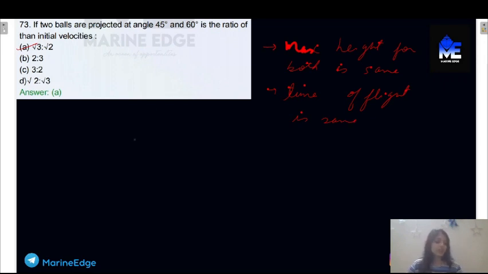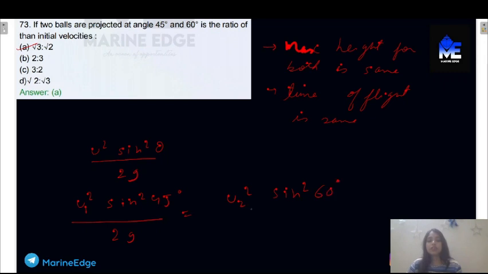So what is the formula of maximum height? u square sine square theta upon 2g. Now if we equate it, u1 square sine square 45 degrees upon 2g equals u2 square sine square 60 degrees divided by 2g. These two values will get cancelled.